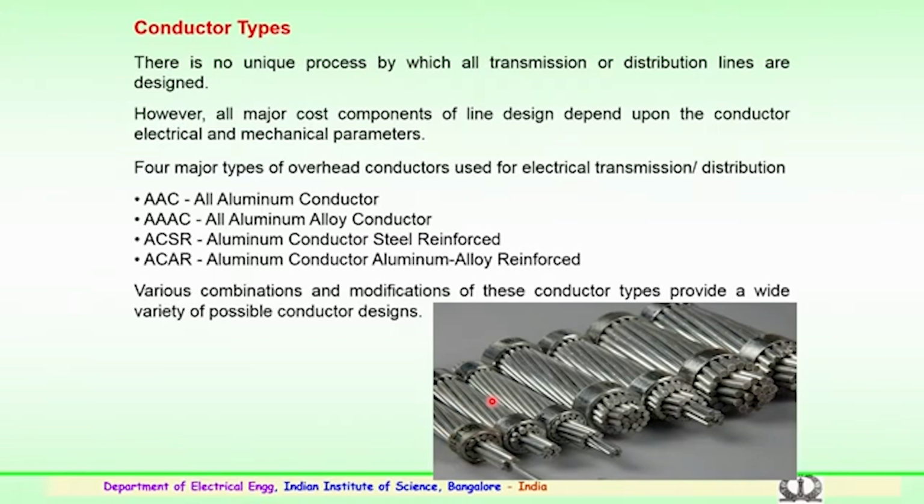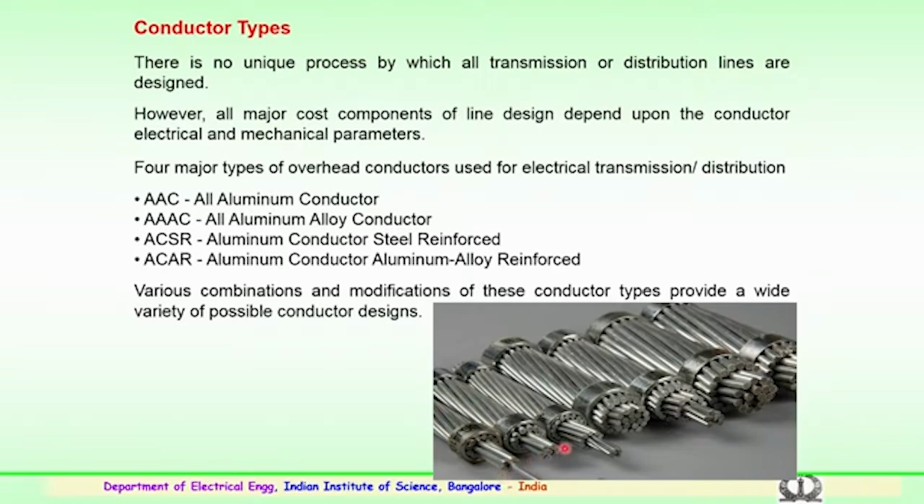With various combinations and modifications, these conductors provide a wide variety of possible conductor designs. You can see here the various types of conductors from a low voltage or medium voltage level to the very high, EHV or UHV level.